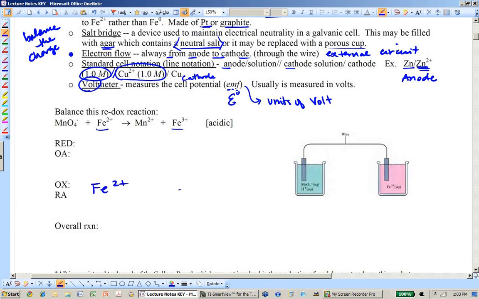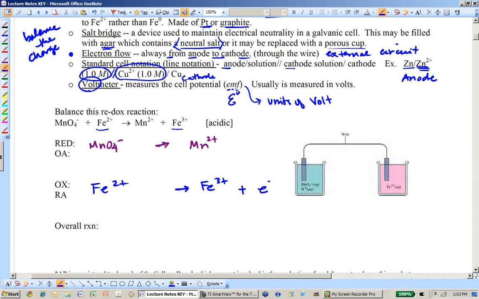So Fe2+ is going to go to Fe3+. Meanwhile, MnO4-, the other player in this scenario, is going to go to Mn2+. You like the way I wrote MnO4- in purple, because it's actually purple in solution. All right, so I'm going to come back to my iron and do it first since it's easy. Total charge on the left is +2, total charge on the right is +3, and all I can do in this scenario is add electrons.